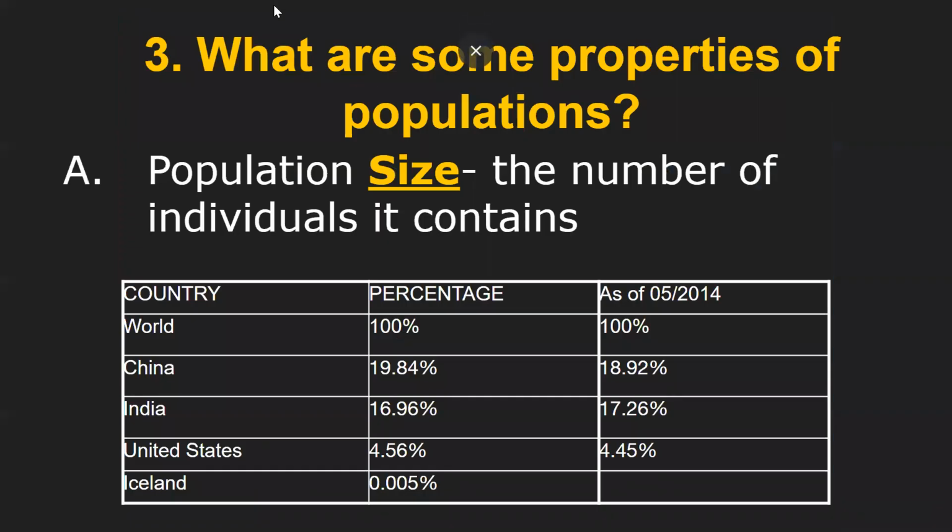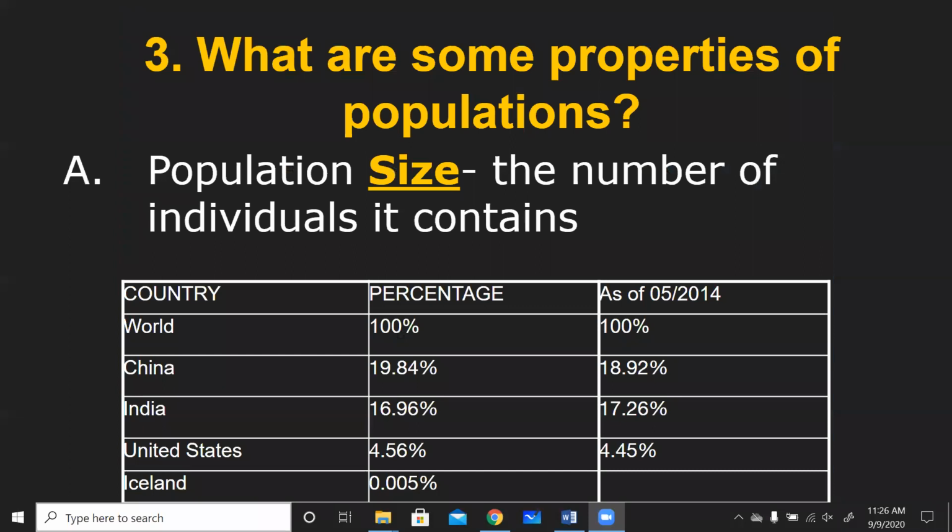So next, what are some properties of populations? Well, the first thing that is always talked about is population size, which is pretty self-explanatory. It's the number of individuals that whatever population it is contains. So I just included a little bit of a graphic. Here we have the entire world population.